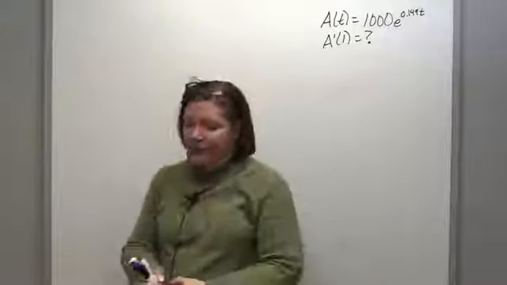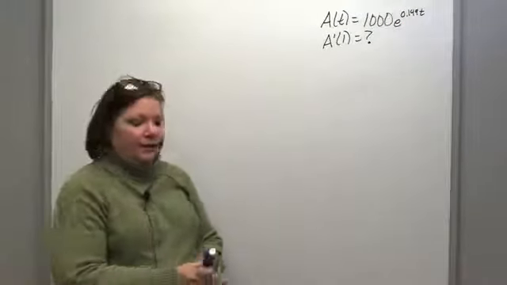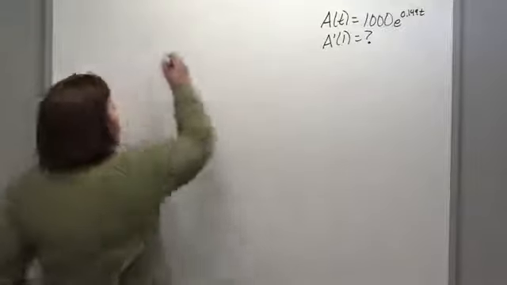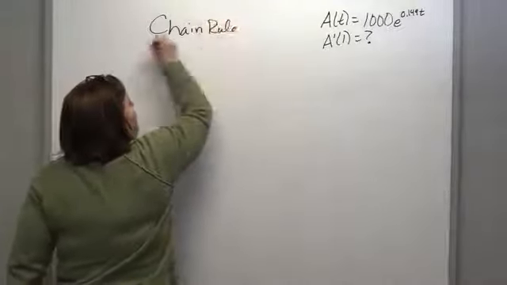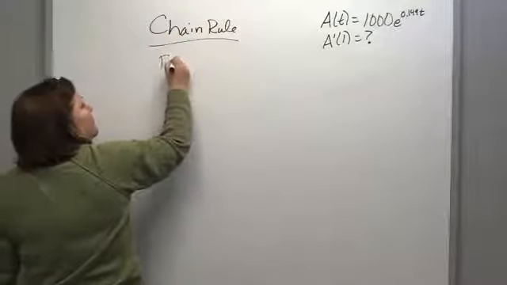So what we have to use is what is called the chain rule. So the chain rule is for composition of functions.